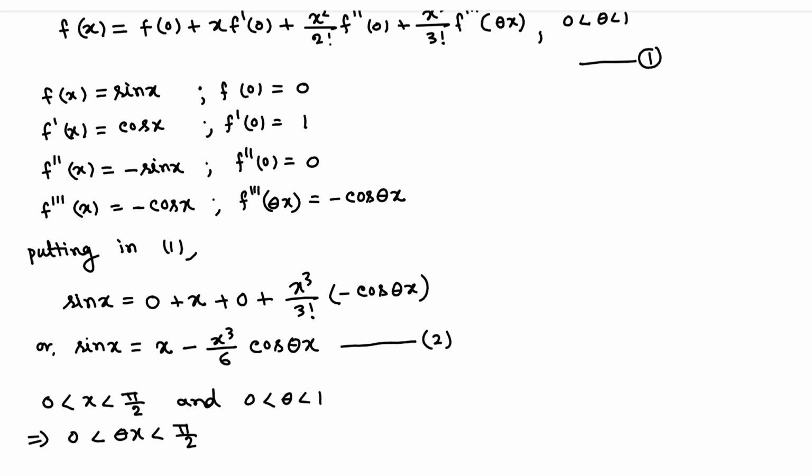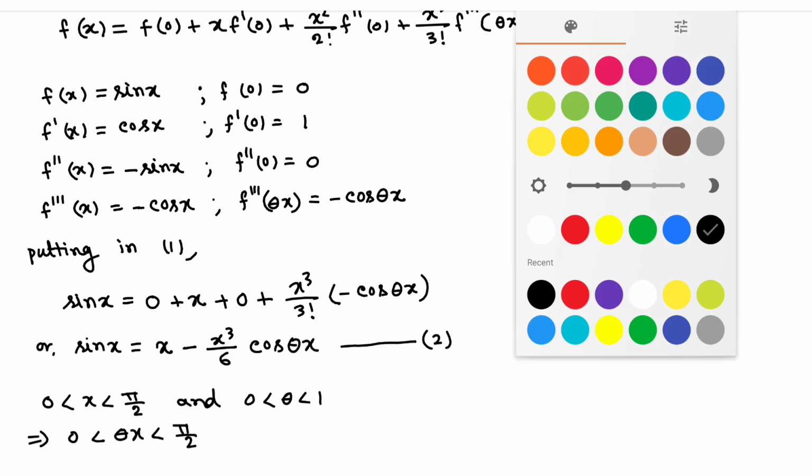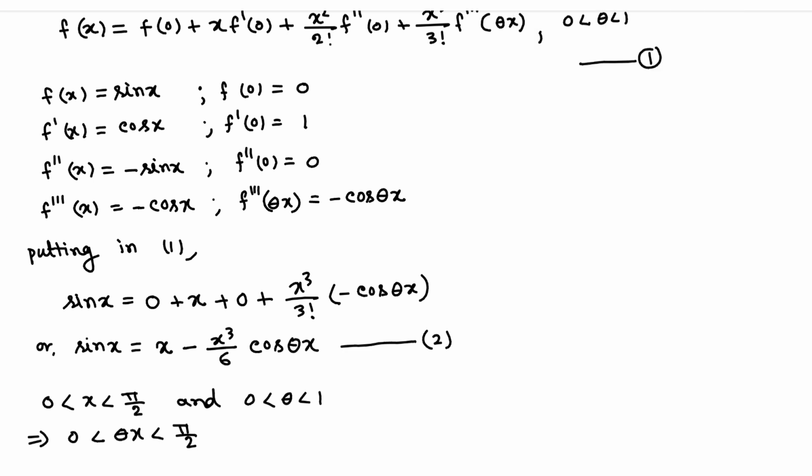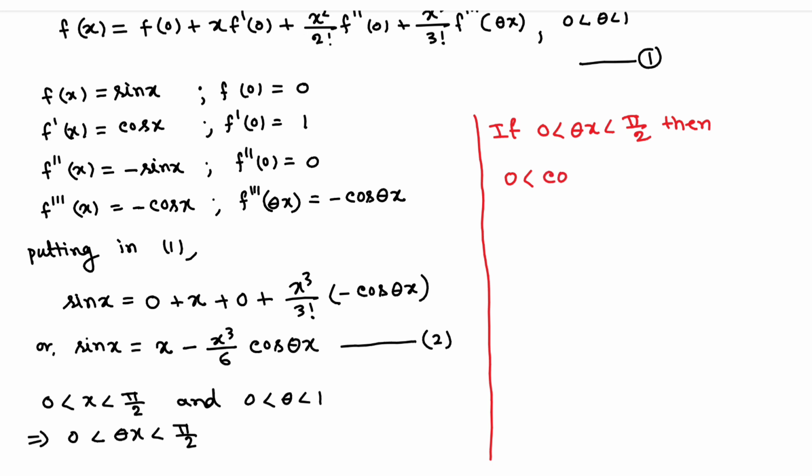And between 0 and pi by 2, what is the value of cos? That means any angular value between 0 and pi by 2, the cos will always be between 0 and 1. So obviously we can write that if 0 less than theta x less than pi by 2, then 0 less than cos of theta x less than 1.